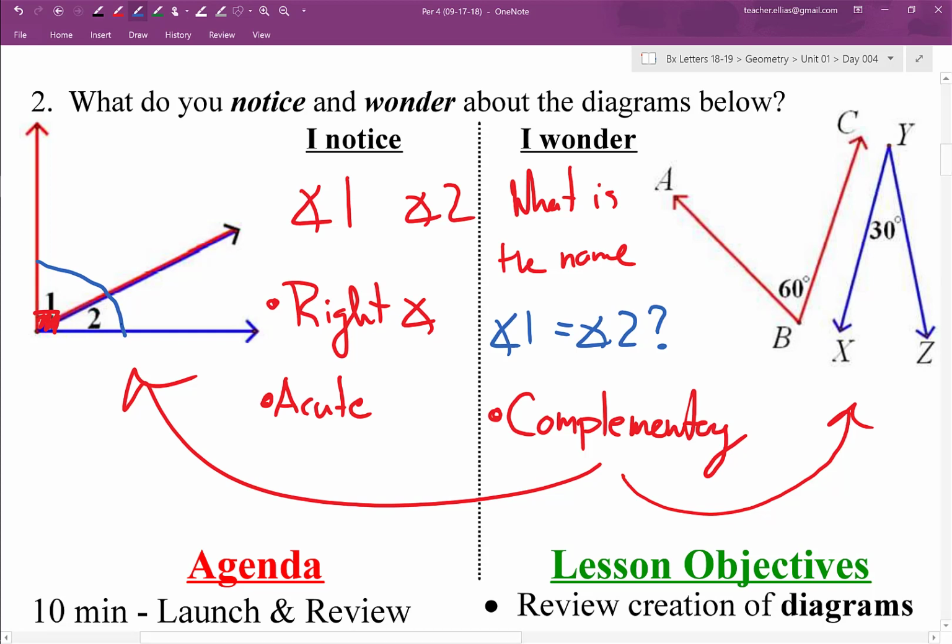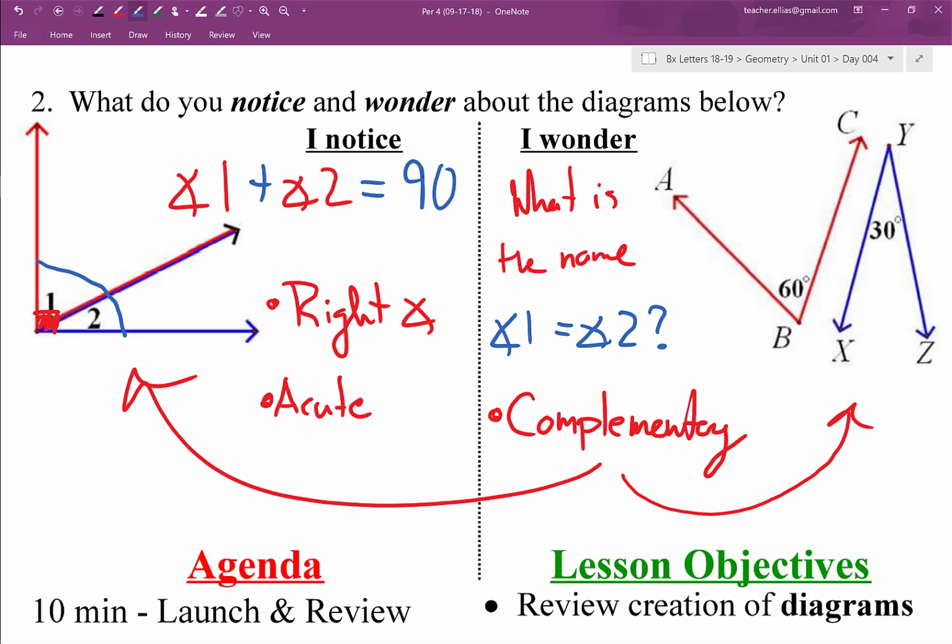When you do what with them? You mean this is 90 and this is 90? What operation are you using? Addition. That is a big notice. Is this something they have in common? When you add those angles together, in both of them, you're getting 90.